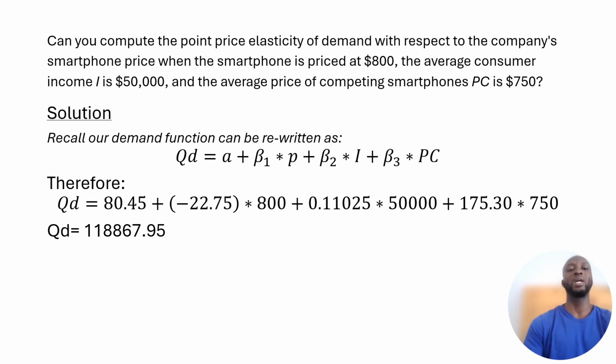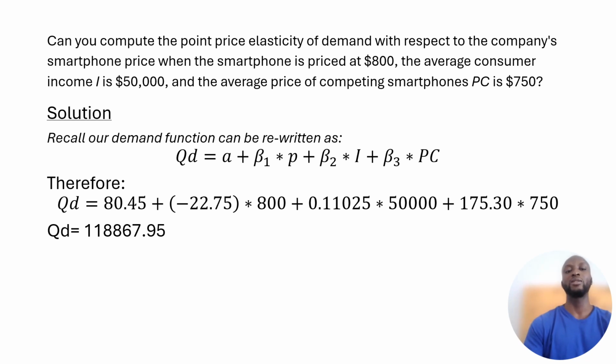So we can substitute these values into the equation. And this is our quantity demand. This is our intercept, 80.45. Remember, beta 1 is the parameter for the price, and here it is, multiplied by our price, which is given in the question, 800.